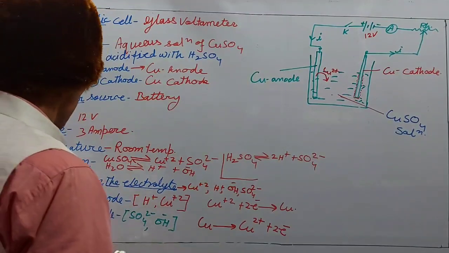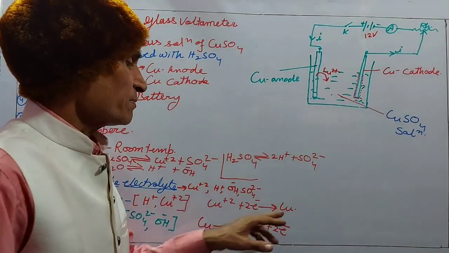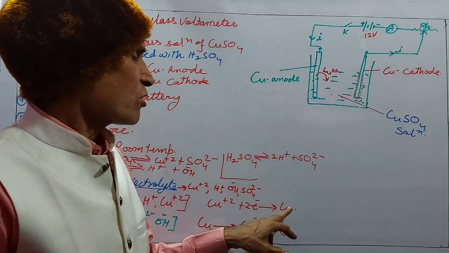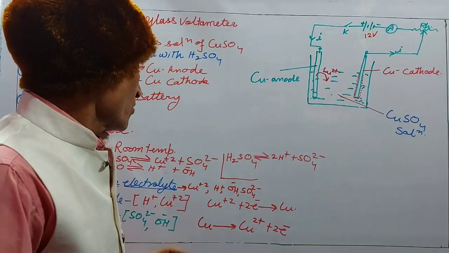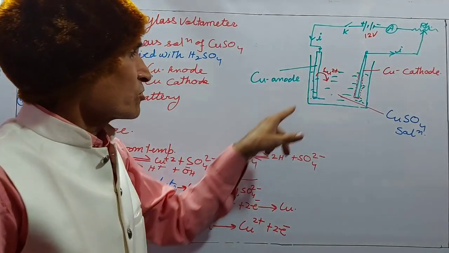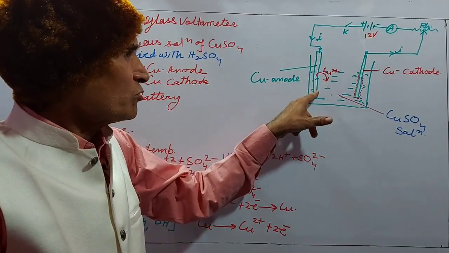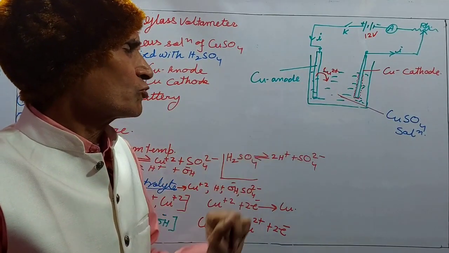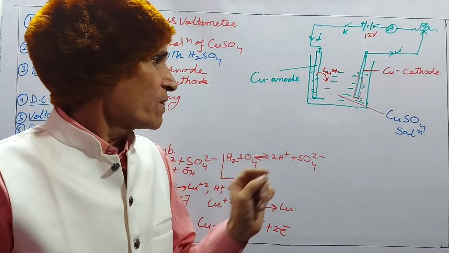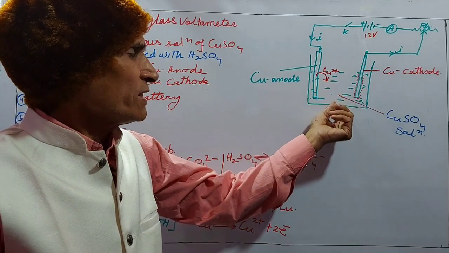Now what is the product at the cathode? Reddish brown copper metal is deposited at the cathode. What happens at the anode? Copper atoms from the copper anode lose electrons to form copper ions and pass into the solution. Observation: the color of the solution is blue.